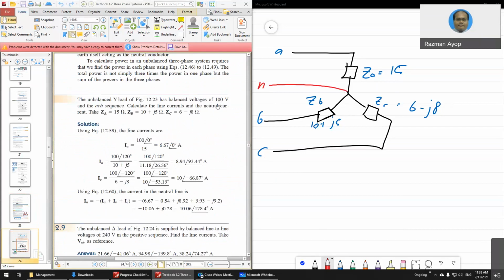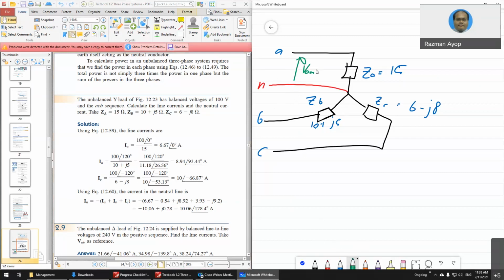Usually this is not very good because they should mention whether this is the phase voltage or line voltage. Based on the calculation, this is a phase voltage, which means this one is VAN, this one is VBN, and this one is VCN.